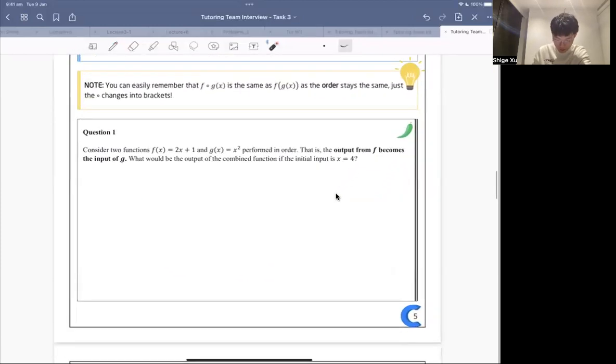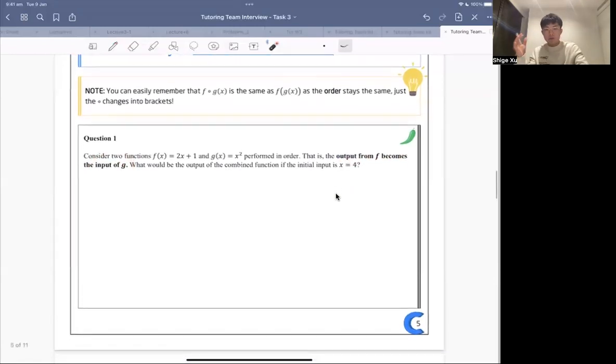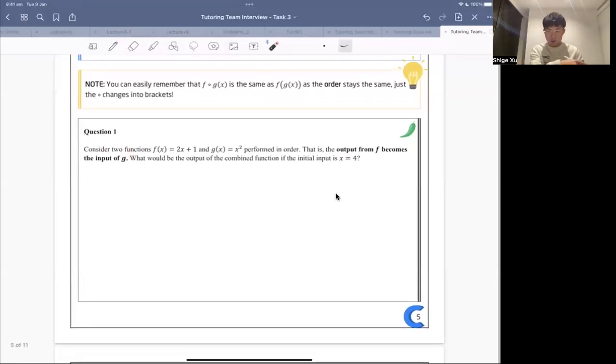Let's consider this example. So two functions, f of x equals 2x plus 1 and g of x equals x squared, performed in order. So we do f of x first, then g of x. So the output of f becomes the input of g. Whatever we obtain from f, we put it into g.